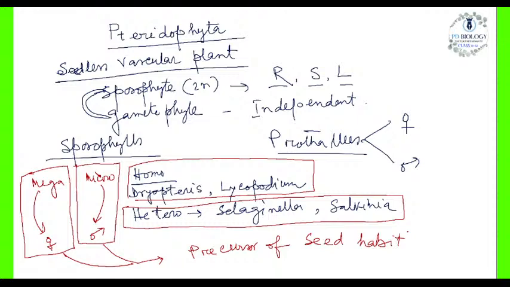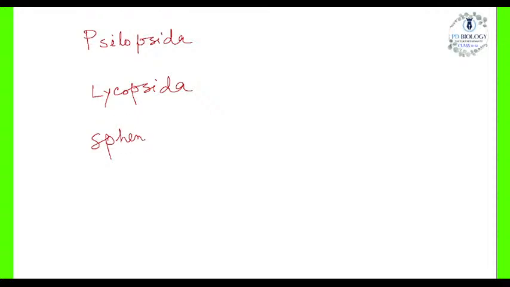There are 4 classes in pteridophyte group. You can remember this one. That is Psilopsida, Lycopsida, Sphenopsida, and Pteropsida.